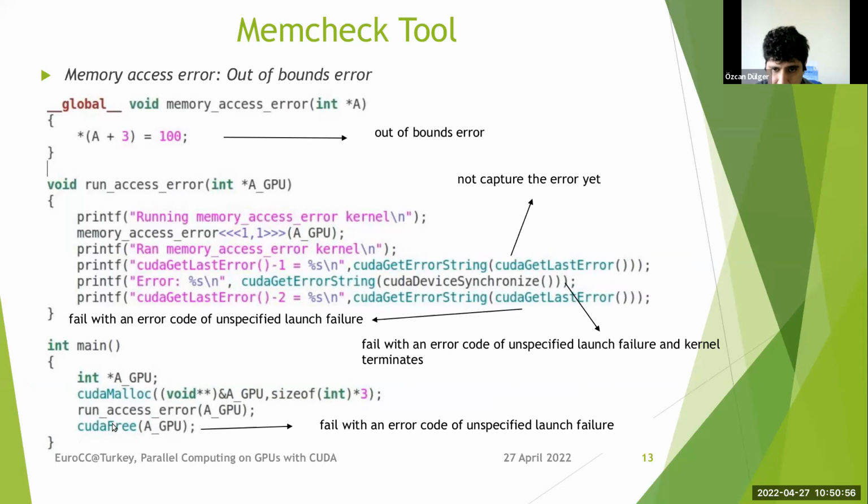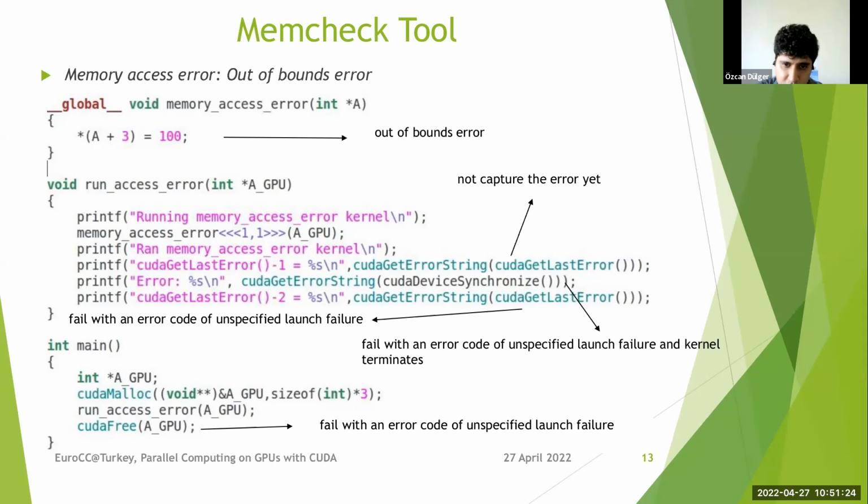But for the first CUDA get last error, we didn't receive an error even if we use CUDA memcheck, because we haven't called the CUDA device synchronize function yet. Because when we call CUDA device synchronize, that error is detected and captured.